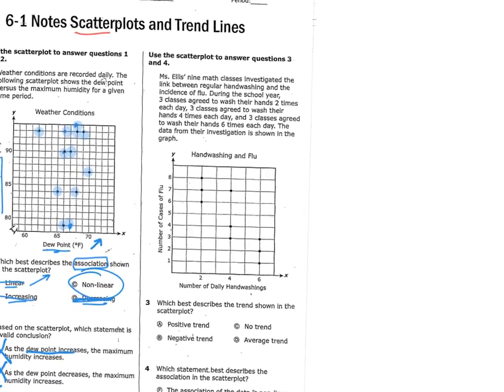Okay, Miss Ellis's nine math classes investigated the link between regular hand washing and the incidence of flu. During the school year, 3 classes agreed to wash their hands 2 times each day. 3 classes agreed to wash their hands 4 times each day, and 3 classes agreed to wash their hands 6 times each day. The data from their investigation is shown in the graph.